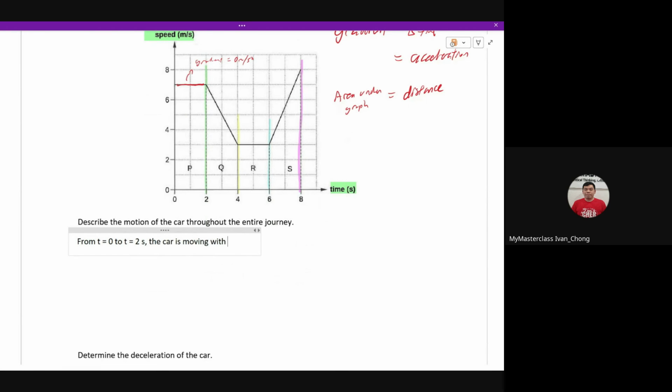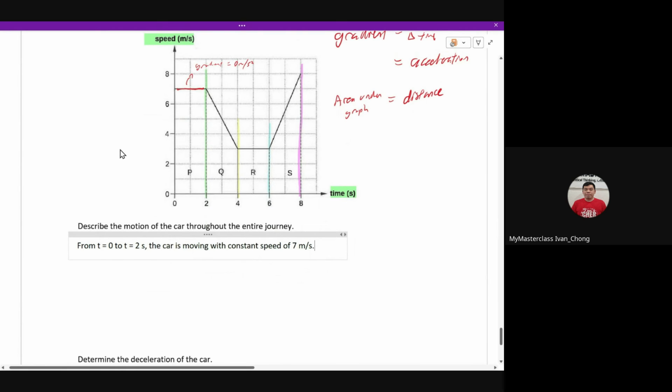Actually you don't need the 0 acceleration, you can just say you are moving with constant speed of how much? 7 meters per second. Because you can see over here, this is actually 7 meters per second.